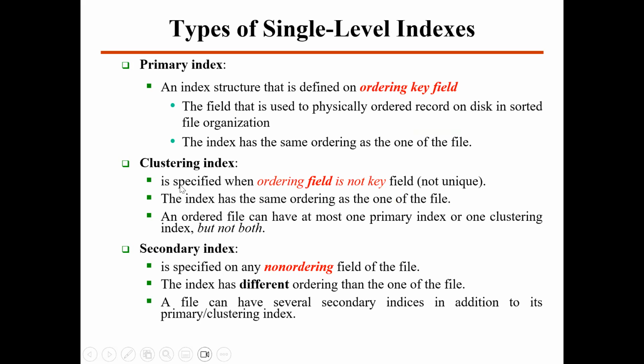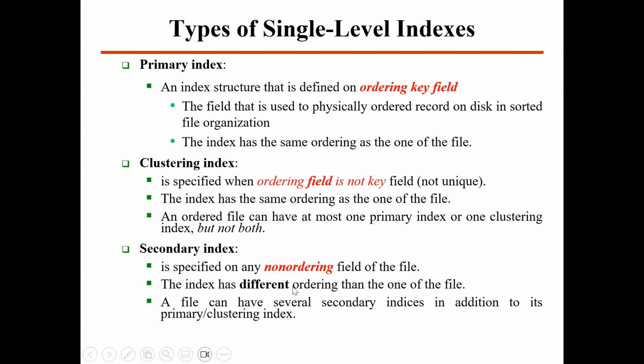Clustering index we will see later; let us understand the secondary index first. A secondary index is specified on any non-ordering field of the file. The primary index is on the ordering key field, whereas the secondary index is on a non-ordering field, which means the file doesn't need to be sorted. The field on which we are making the index doesn't need to be sorted, so it can repeat also.